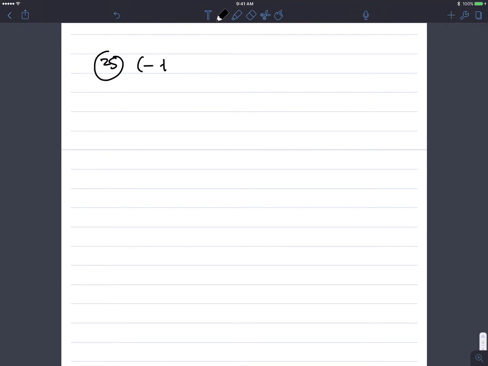(25) Negative 4x squared minus 3x plus 2, here's 25, plus a negative x squared plus x plus 4.